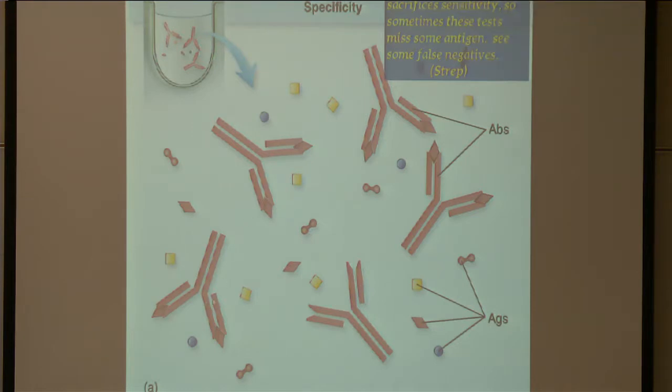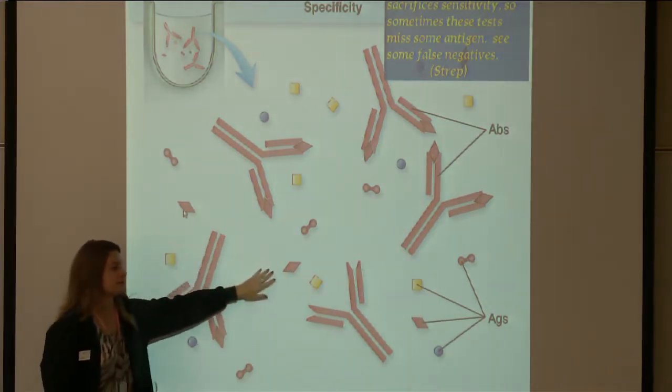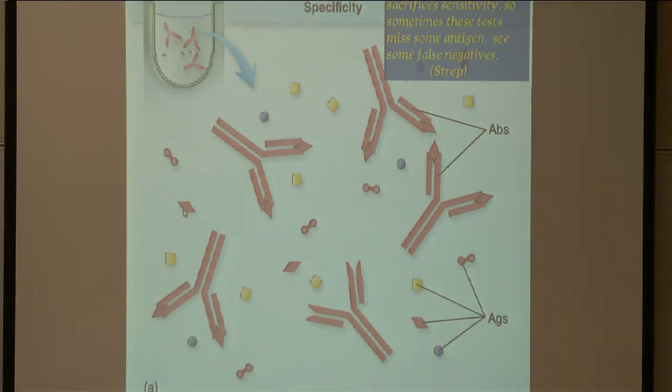The Y-shaped structures are the antibodies, and they are going to react with this specific antigen, this red-colored, diamond-shaped antigen only. We can see that there are other ones that it's not reacting with. We can also see that there are some that it should be reacting with, but it really hasn't. It's very specific, so it's made to react with just that antigen.